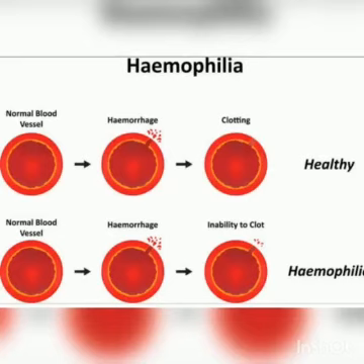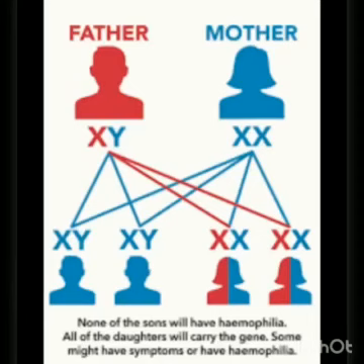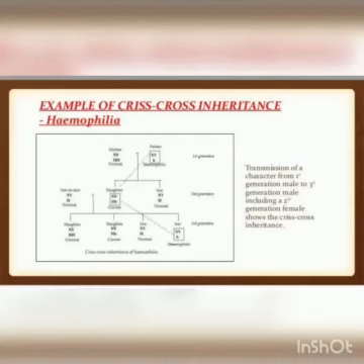The females are the carriers of the disease and transmit the disease to 50% of their sons, even if the male parent is normal. So here, the females are the carriers. They carry this disease to their sons. Hemophilia follows the characteristic crisscross pattern of inheritance.